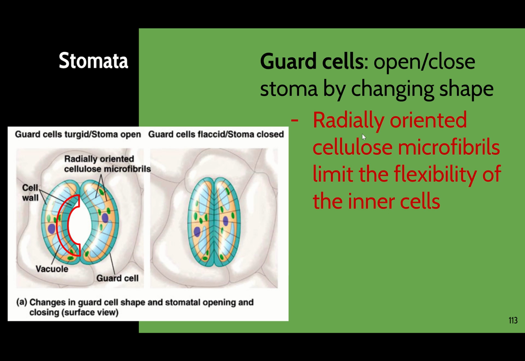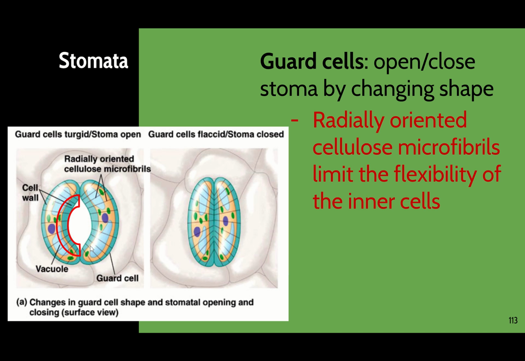And this is because of these radially oriented cellulose microfibrils. If we look at these radially oriented cellulose microfibrils, these lines in the guard cells here, they're going to be closer together. Think about them as strings on a balloon or something like that.